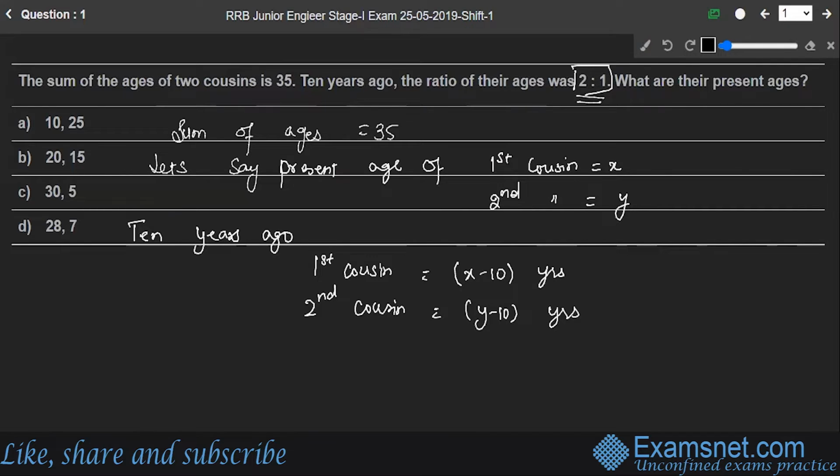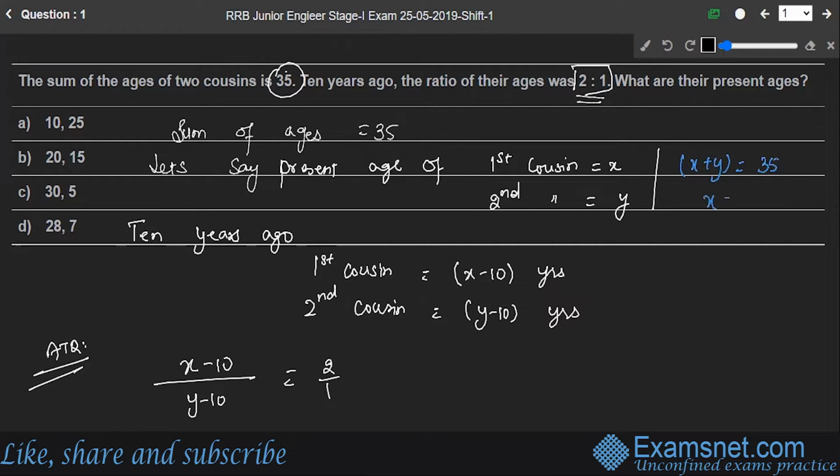So according to the question, (x minus 10) upon (y minus 10) is equal to 2/1. Also, it's given that the sum of their ages is 35, so x plus y is equal to 35, or x is equal to 35 minus y.